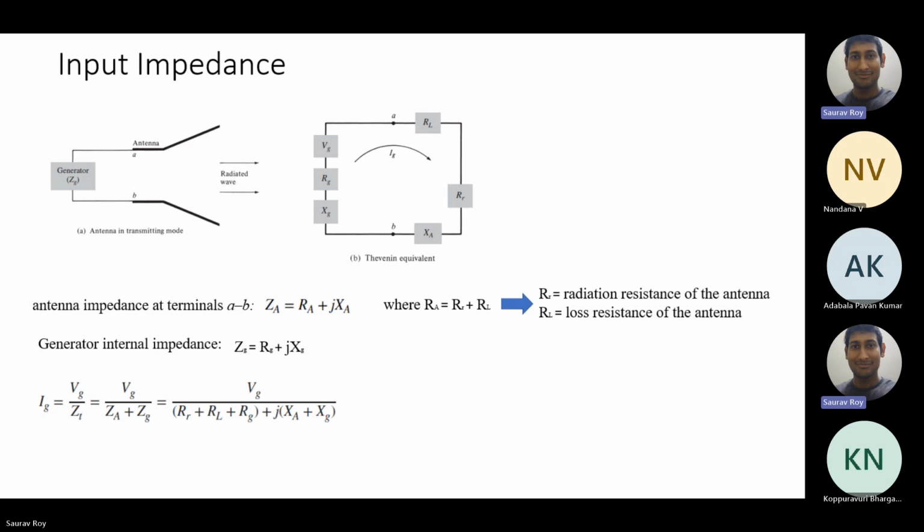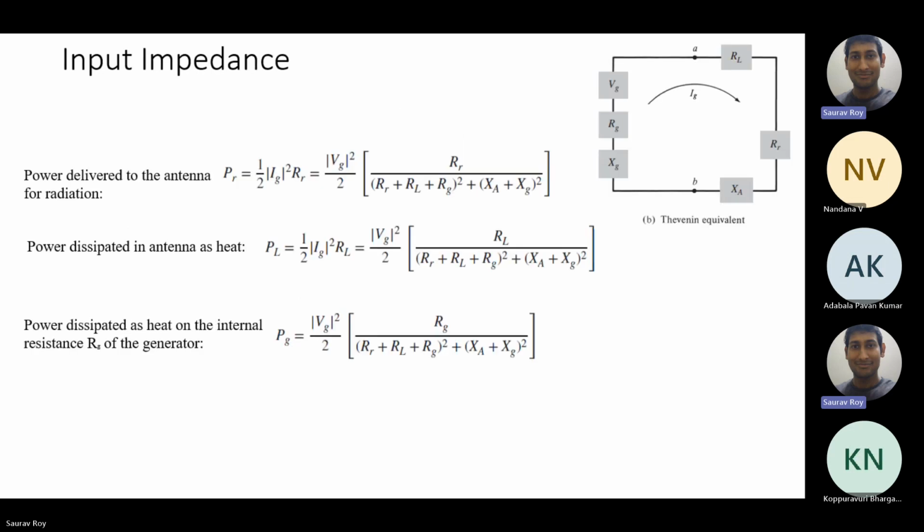It was the mismatch that was modeled as 1 minus gamma square, the factor getting delivered to the antenna, while some portion was reflected. Generally, we measure all this as S11, the S parameter, at the antenna terminal. So we have to get maximum power transferred to the antenna. That's why input impedance is vital.